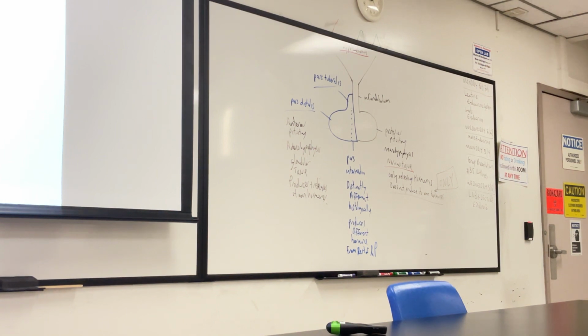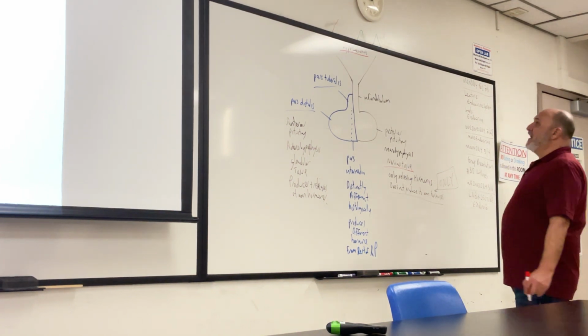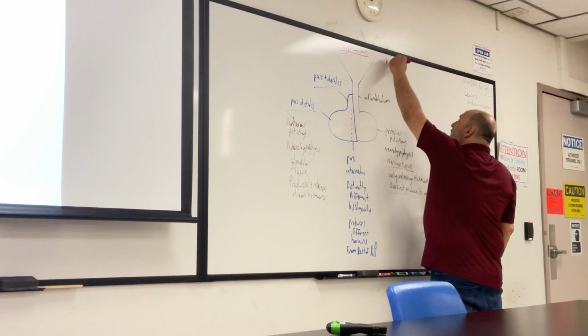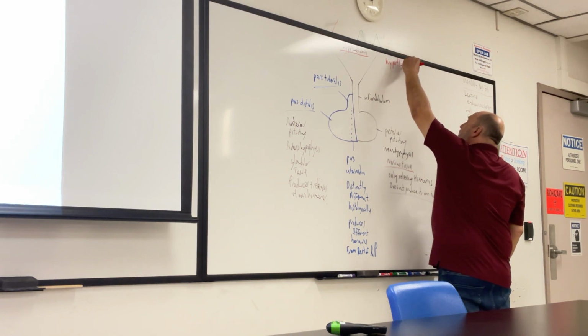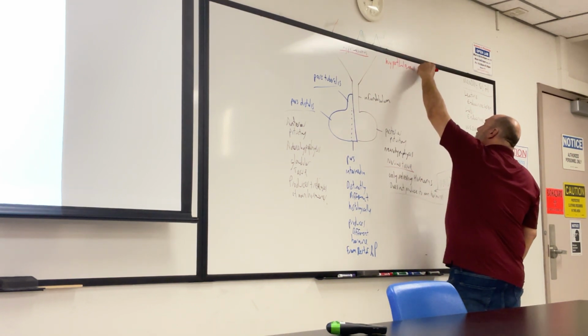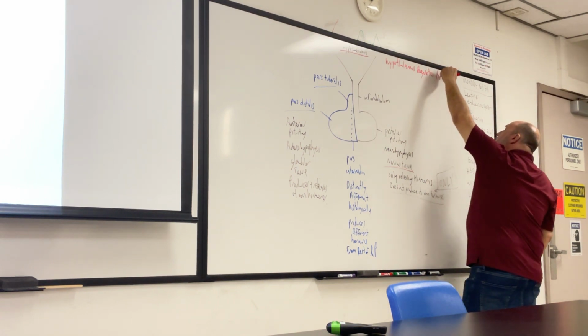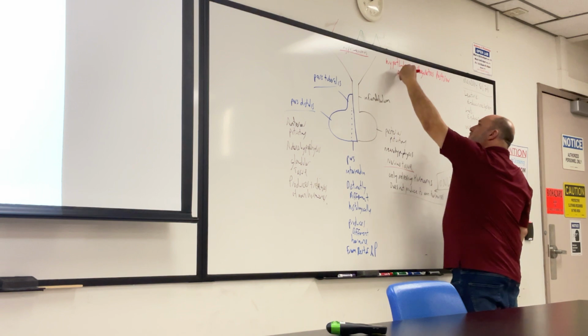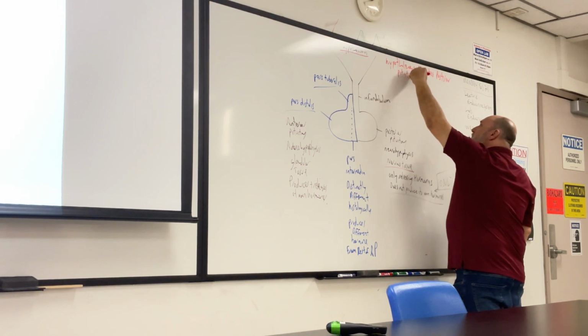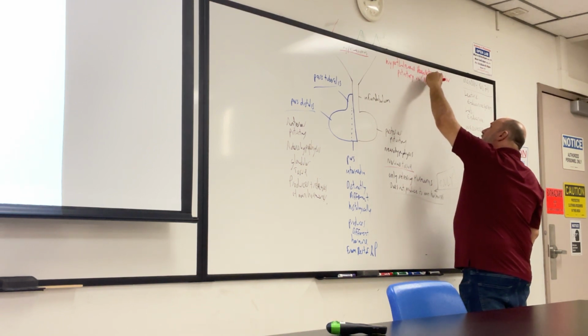Yeah, by neural inputs, exactly. And that's what happens. The hypothalamus regulates the posterior pituitary via neural regulation.